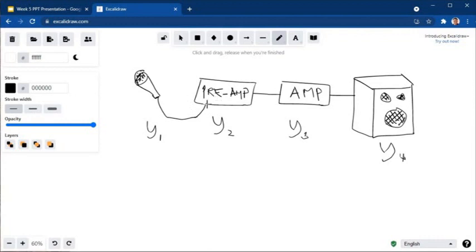Each stage will have a certain gain moving forward.